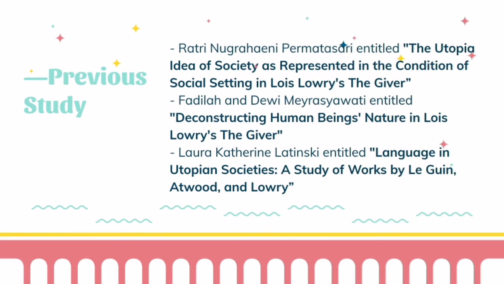In the thesis there are three previous studies. The first is by Ratri Nugraheni Permatasari entitled The Utopia Ideal of Society as Represented in the Condition of Social Setting in Lowry's The Giver. And the second is Fadila and Dewi Meirasawati entitled Deconstructing Human Beings Nature in Lowry's The Giver.